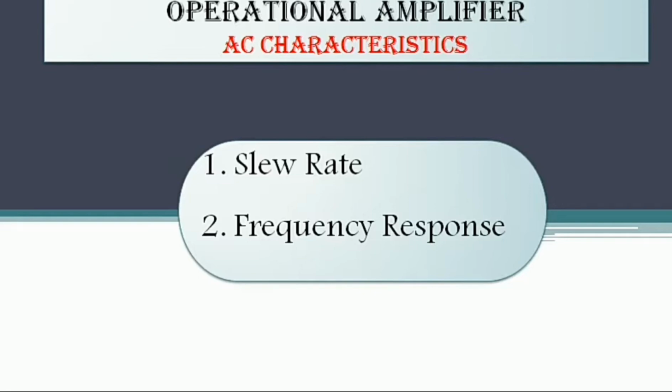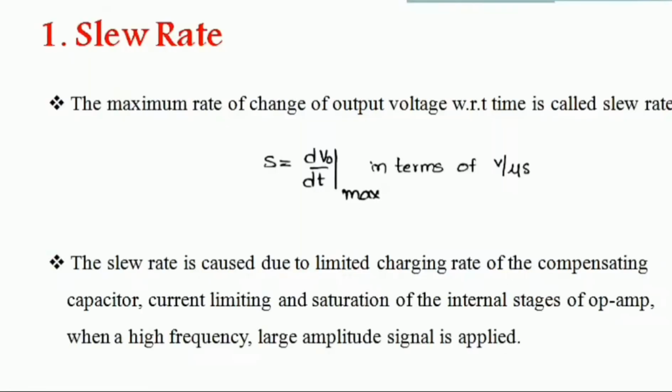According to the mathematical definition, the slew rate is the maximum rate of change of output voltage with respect to time. We have to find the output voltage, then take the derivative of that output voltage with respect to time, and in the final equation find the maximum value.